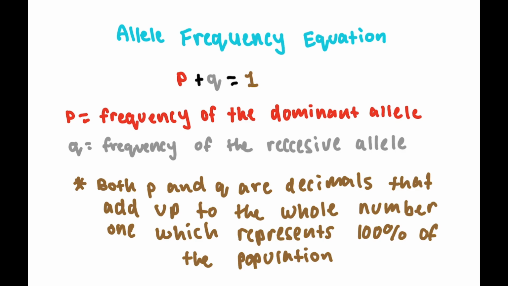P and Q will add up to a whole number 1, which represents 100% of the population. So for example, if 68% of the population has a dominant allele, I would write P as 0.68, and then I could solve for Q, which is the recessive allele frequency.